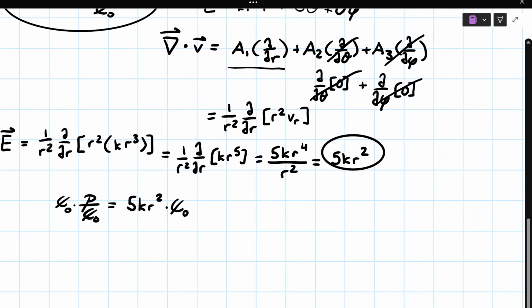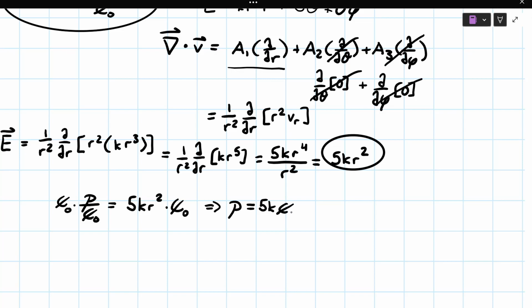It's important to know that. And we end up with that our charge density that we were looking for is 5k times epsilon naught times r squared. And so that is the solution to part A.